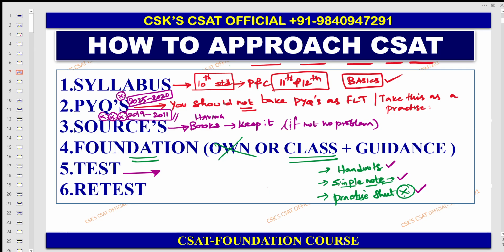Why the testing process? I always suggest learning is very important. Learning and practice is the first and foremost step. The third step is testing. When you test yourself, you can analyze your strengths and weaknesses, a SWOT analysis.